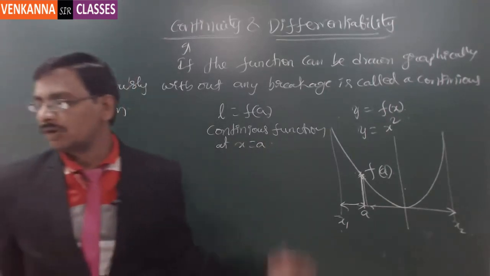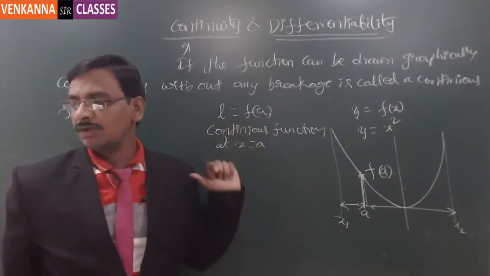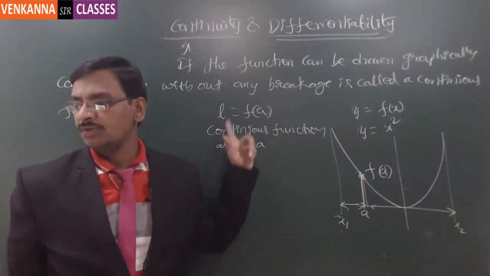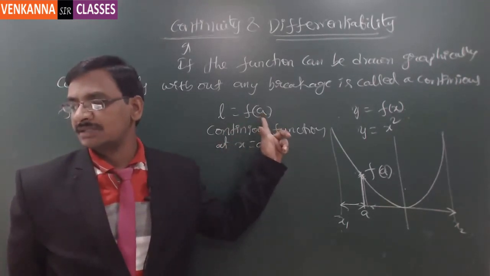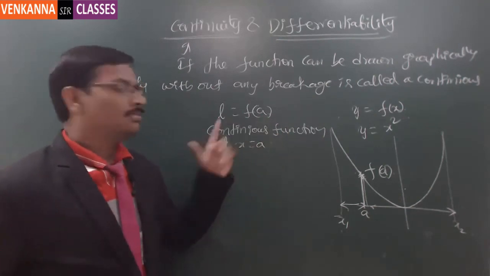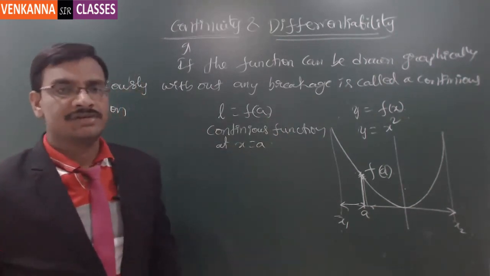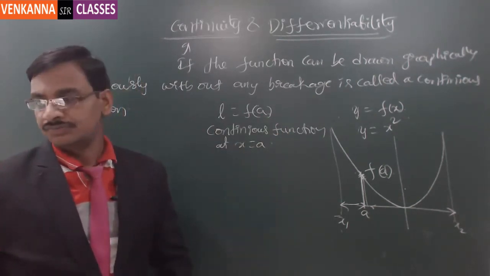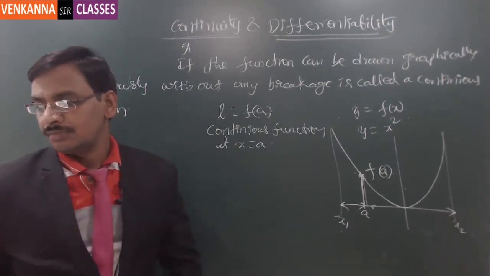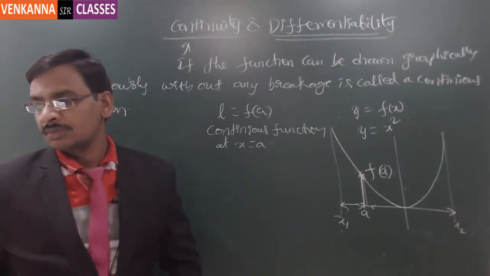This is how we are going to test it. That means you have to find the limit value and verify whether it matches the function value there. If it is the same, then it is a continuous function. If it is not, then it's a discontinuous function. Got it? Got it or not?